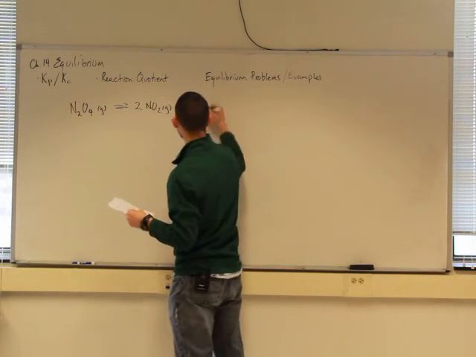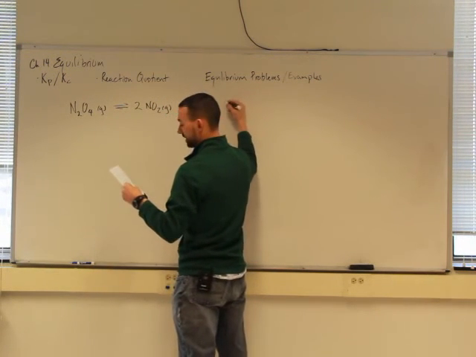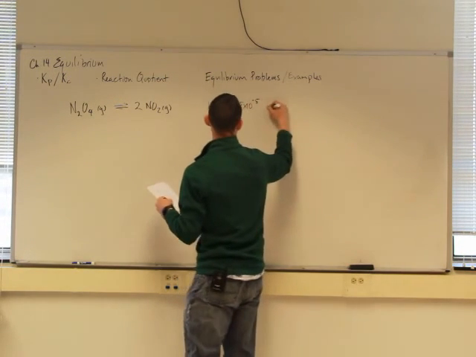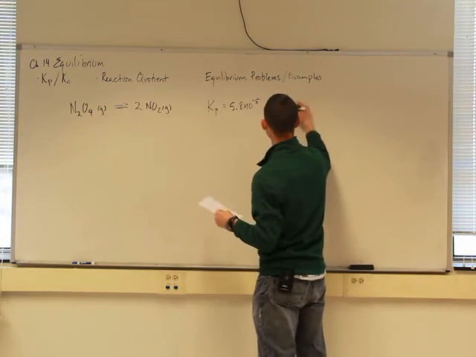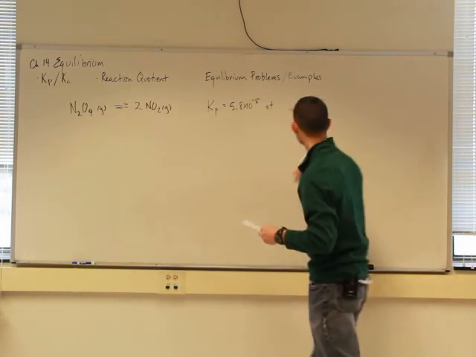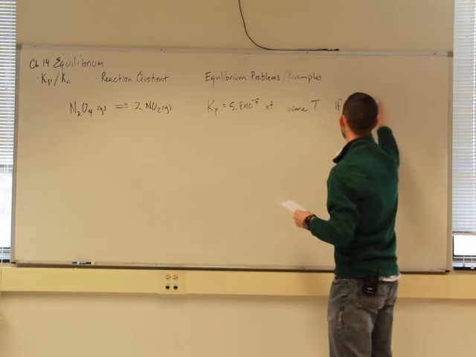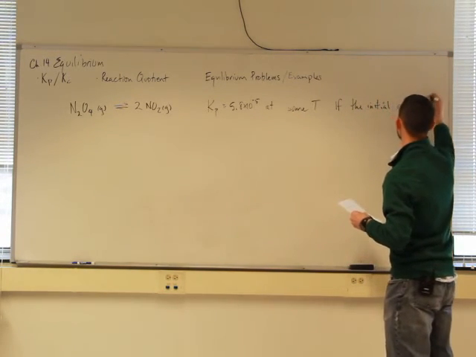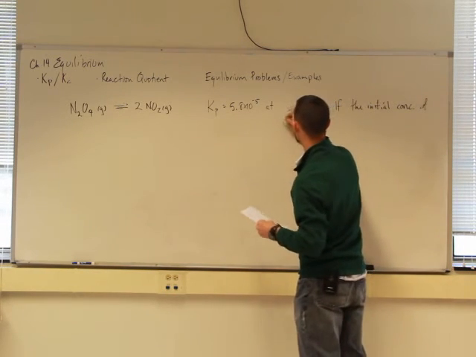Suppose the equilibrium constant for this reaction is 5.8 times 10 to the negative 5 at some temperature.